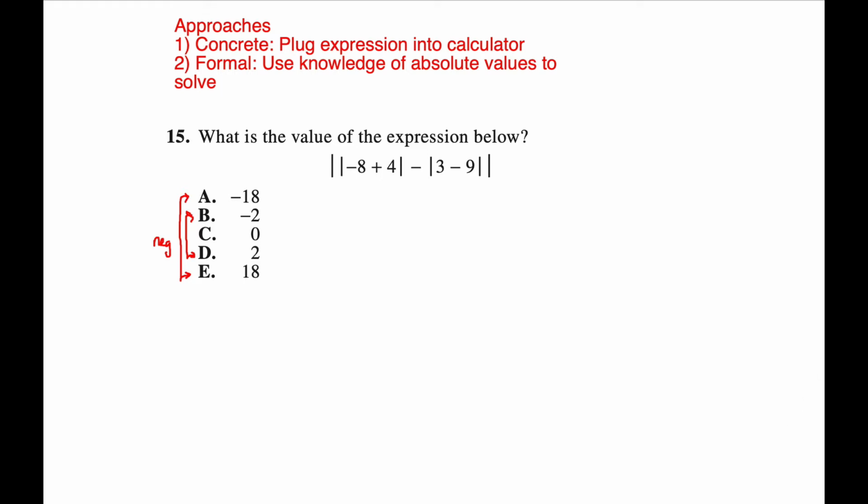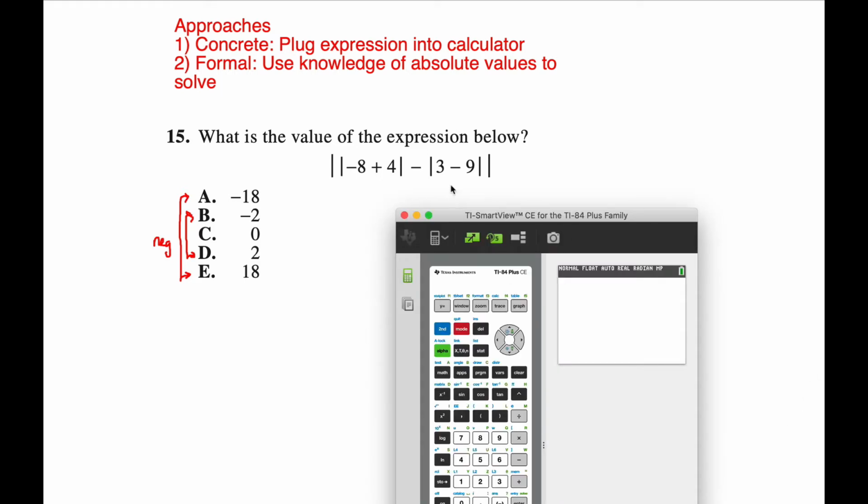All right, so I'll pull up the calculator here, and to enter in absolute values on the TI-84, we're going to go to Math and then scroll to NUM, and then the very first thing is ABS, and if we click that, we'll get the absolute value bars. And from here, we'll actually create another set of absolute value bars to put this negative 8 plus 4 in.